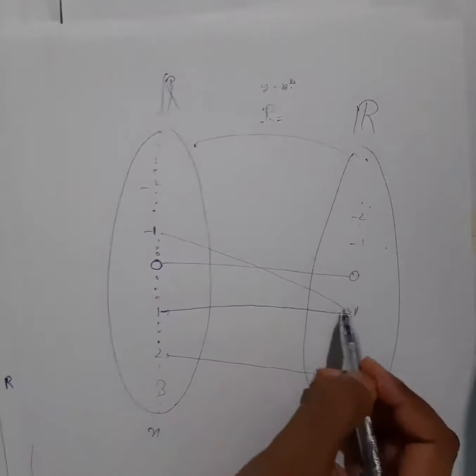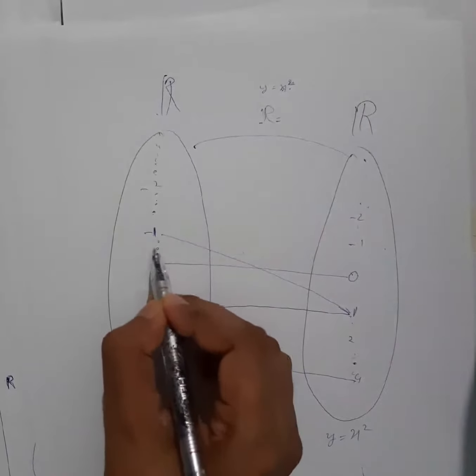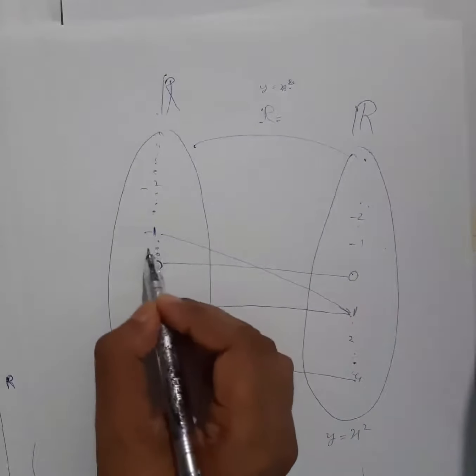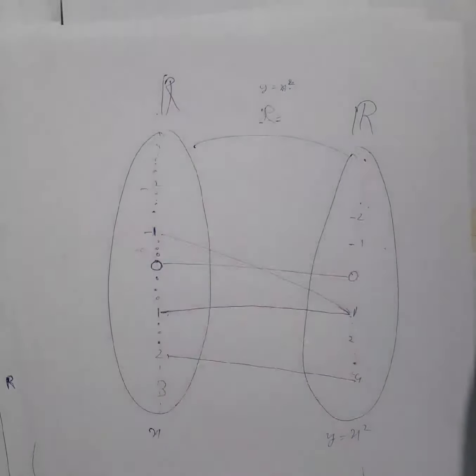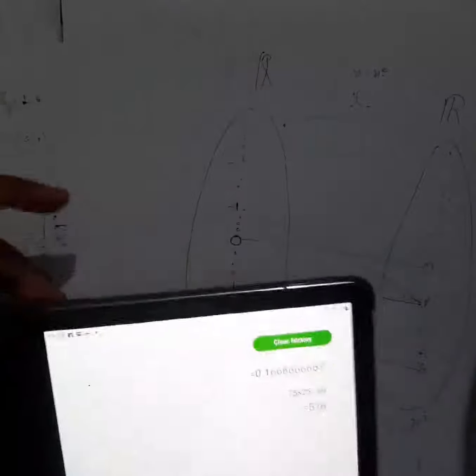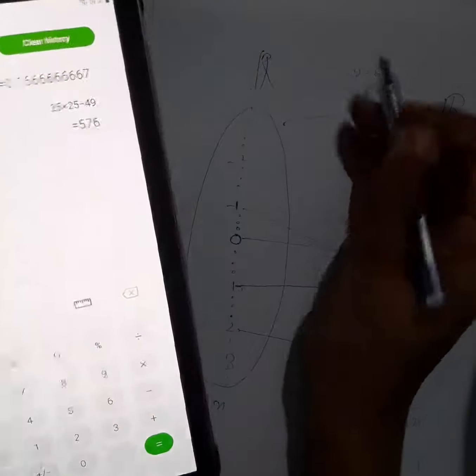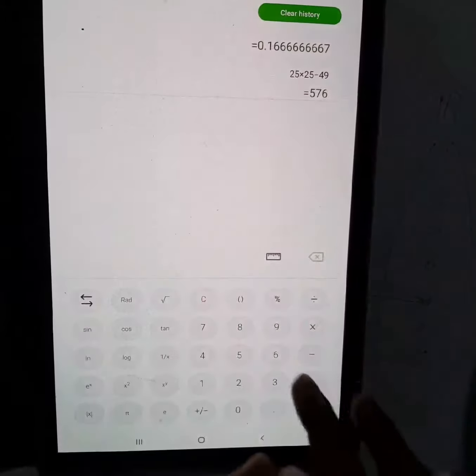Okay, fine. Next, if I take 0 to 1, whatever value, if I take minus 0.5, you can put it in the calculator. I will show you here only. You can see, I will take between 0 and minus 1 any value x. What will be the image? I will find out. So let me take minus 0.5.